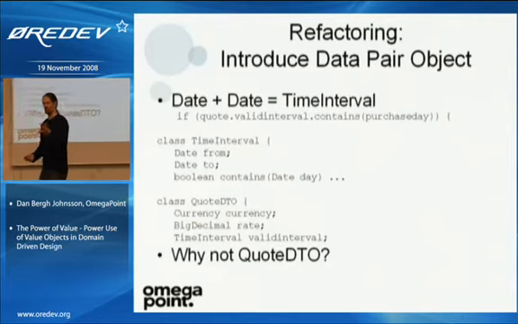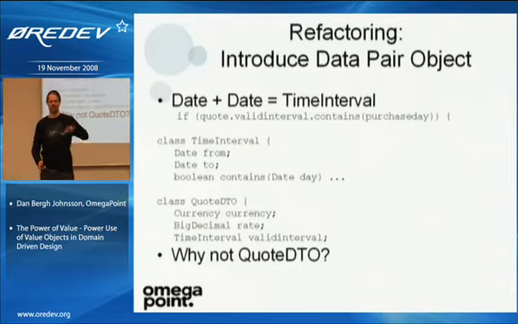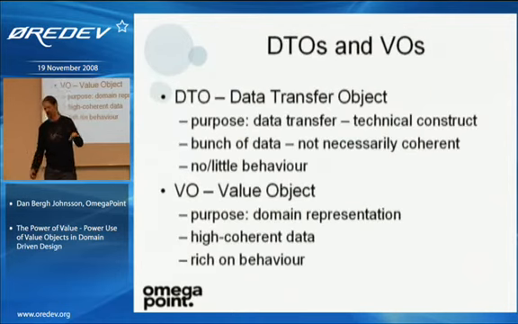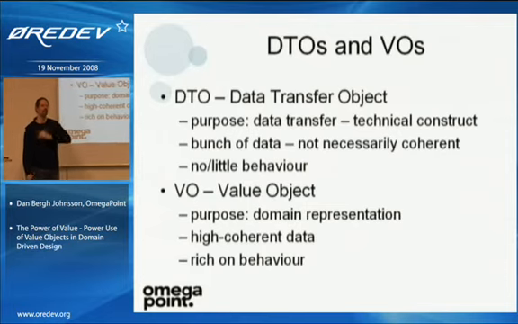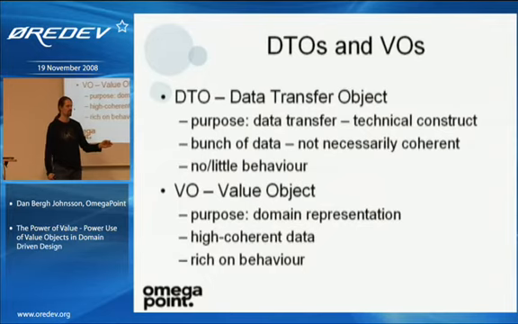And here is where I think domain-driven design really kicks in. It's because there's a very large difference in the purpose of those objects. The quote DTO object is a data transfer object. Its purpose is to transfer data from one place to another. It's a technical construct.